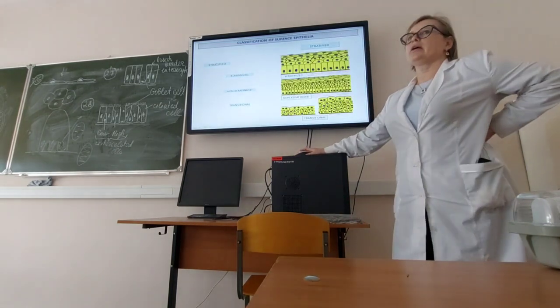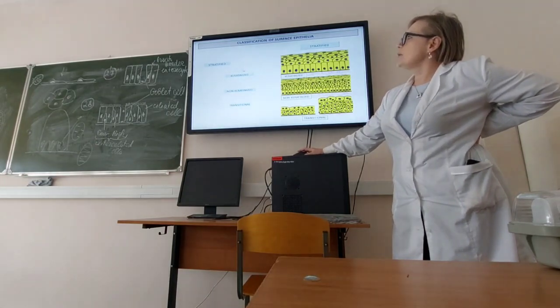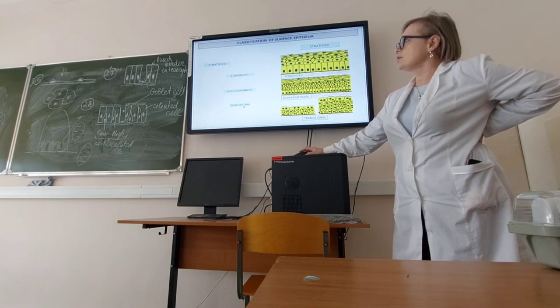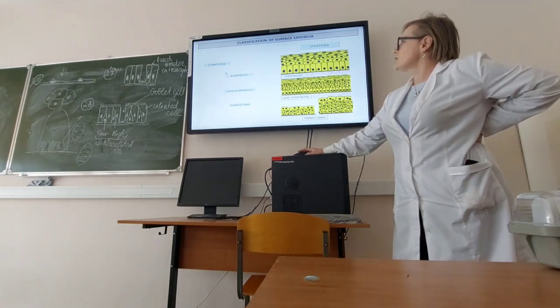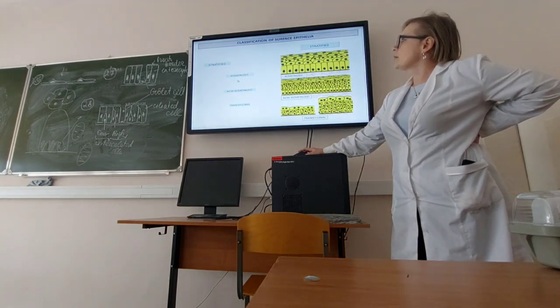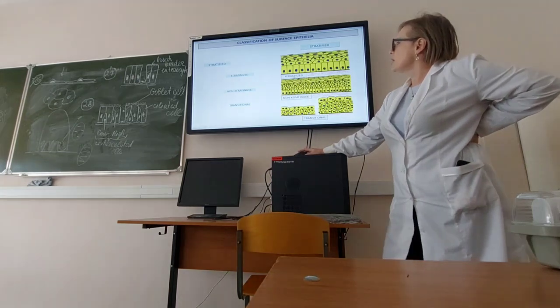Here, you can see diagrams of stratified epithelium. Among stratified, we can identify keratinized, non-keratinized, and transitional. Keratinized epithelium consists of 5 layers. Not this mistake. This keratinized, this non-keratinized.